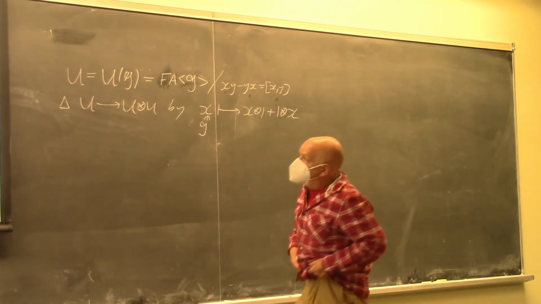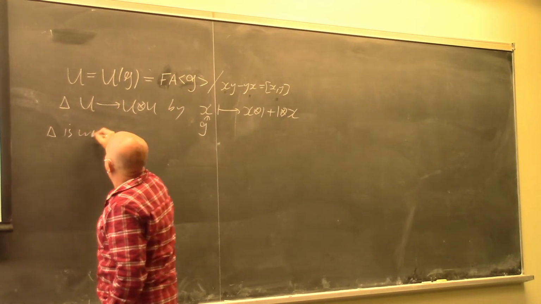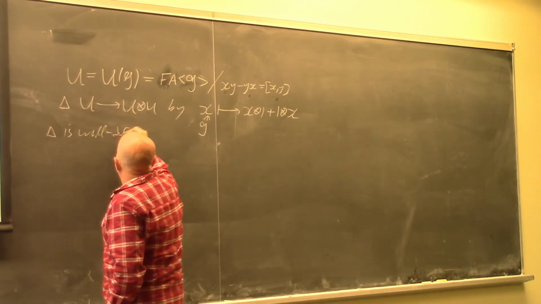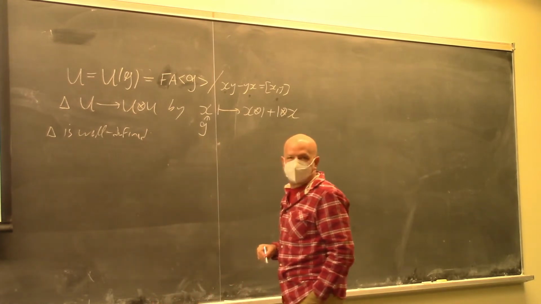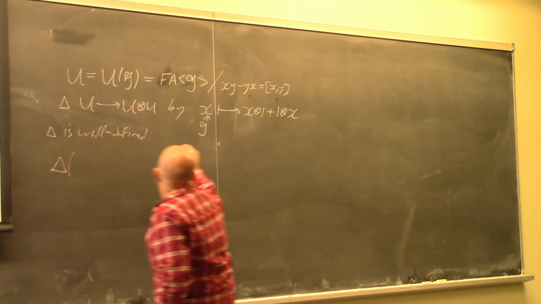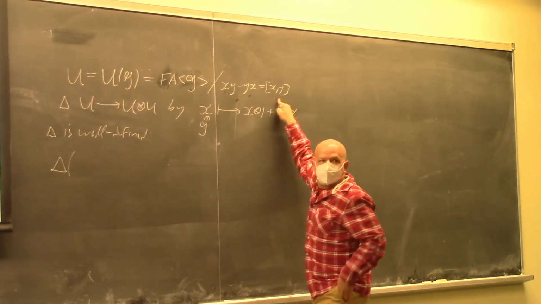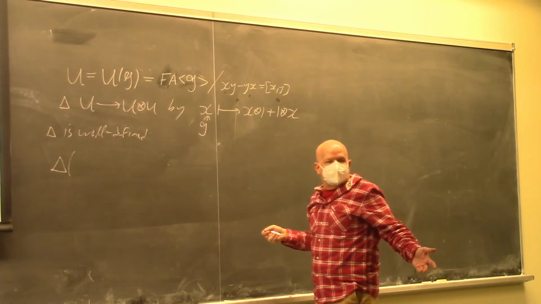And the main thing I need to check is that delta is well defined. So I need to compute delta of a relation and show that I get 0. Okay?